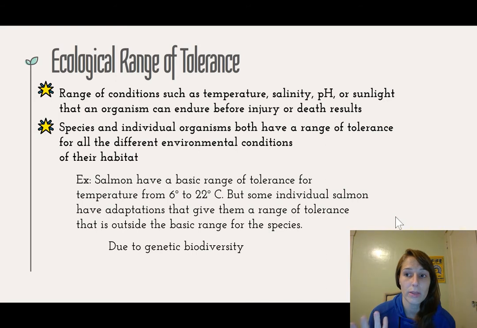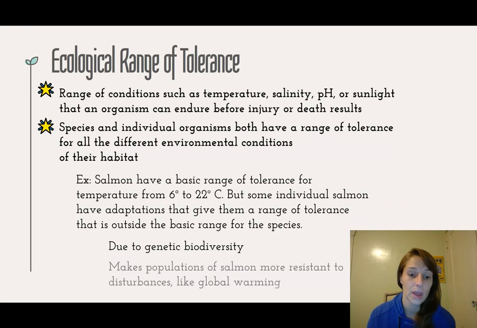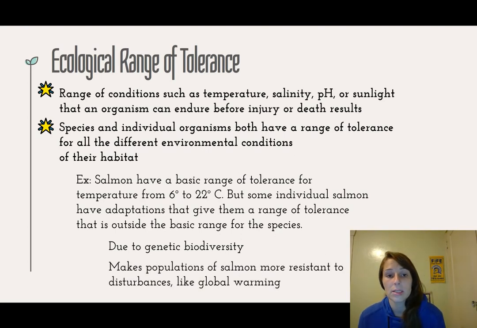Now, if we think back to what we talked about in our 2.1 Introduction to Biodiversity notes, this is due to genetic biodiversity. And this is important when we're talking about the survival of species, because having this wider ecological range is going to make them more resistant to disturbances, which is another phenomenon that we talked about in the 2.1 notes.